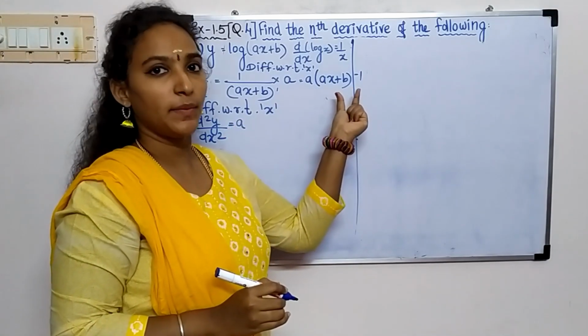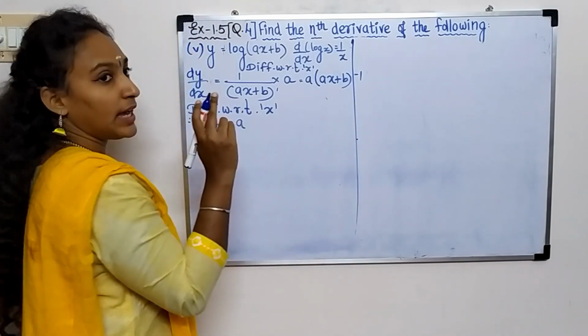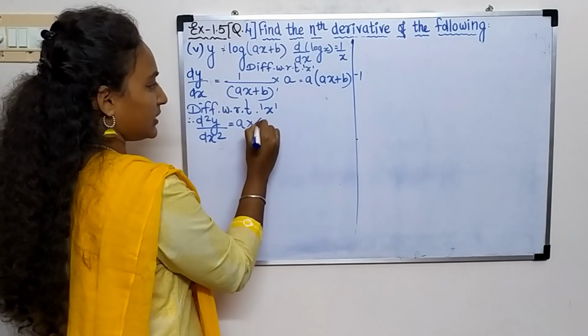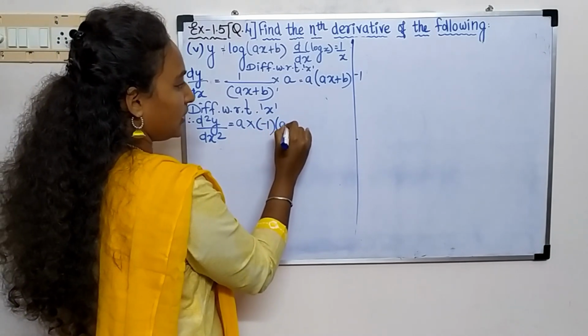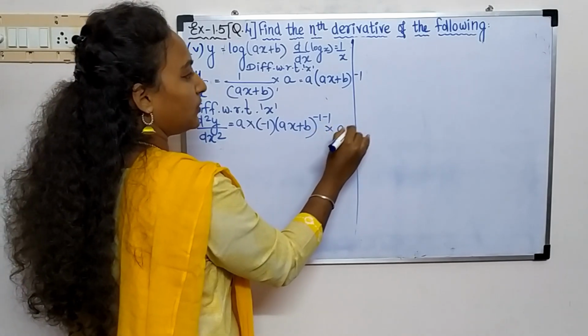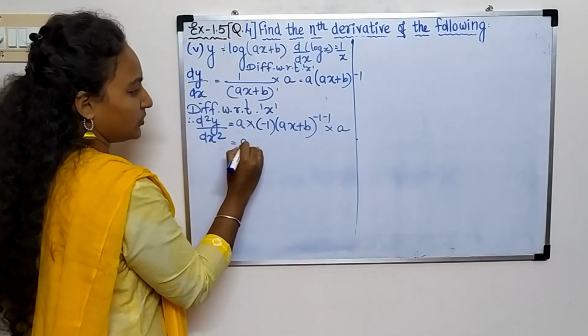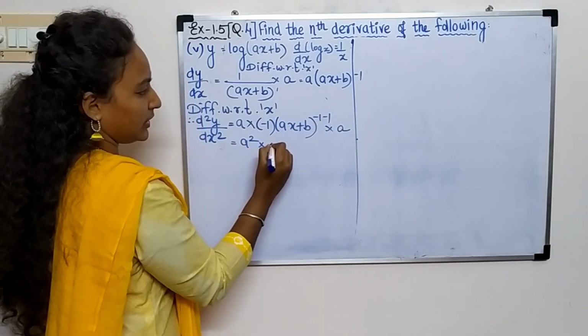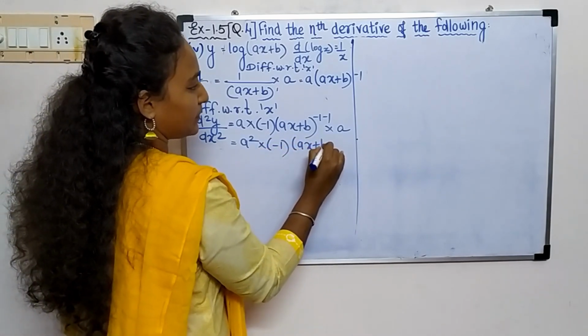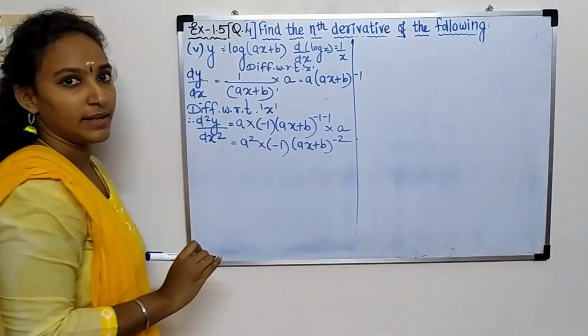Now this is of the form x raised to n. So answer will be n into x raised to n minus 1. So this is minus 1 into ax plus b raised to minus 1 into a, which is equal to a square into minus 1 into ax plus b raised to minus 2.